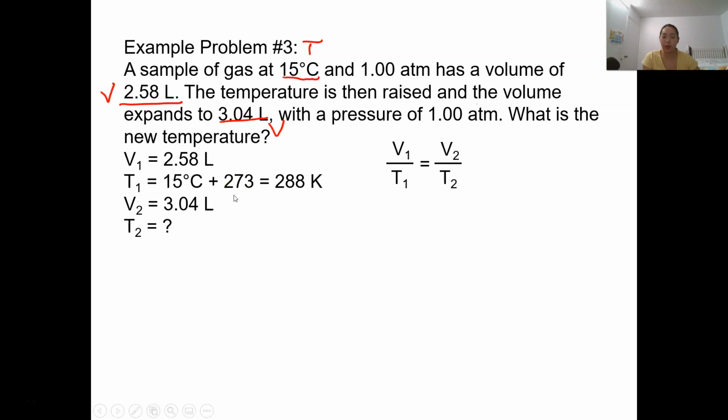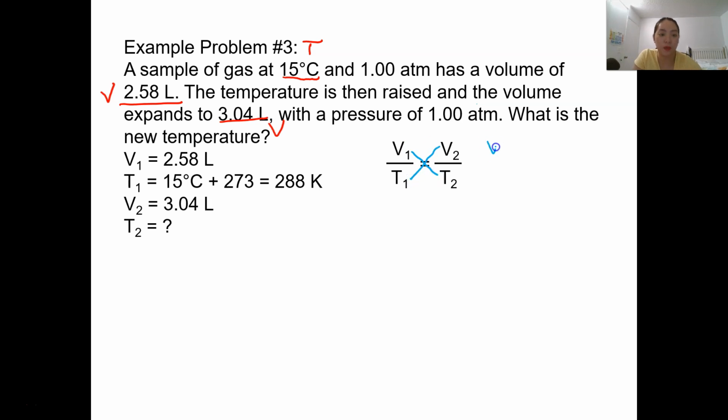Hopefully you said that you need to rearrange the equation to solve for the missing variable. There's a couple of ways of going about this, so you can rearrange this equation to your favor. And my favorite way is actually the crisscross method. So what I'm going to do is multiply it like so.